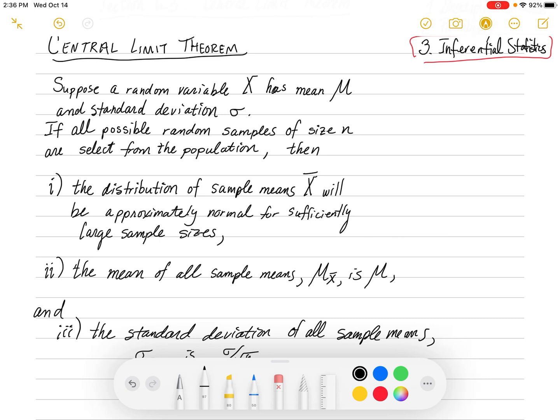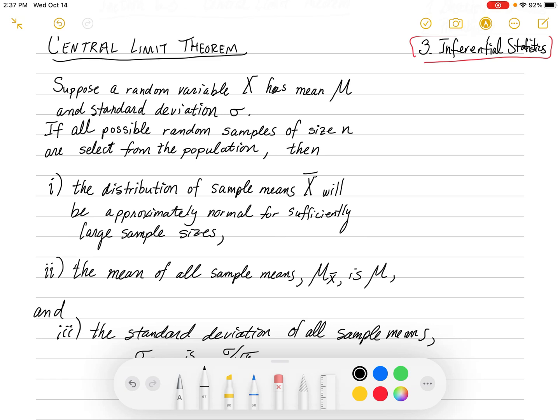If you put those sample means all in a distribution, that distribution of sample means, we call it a sampling distribution, is going to be approximately normal. The larger the n you get, the more normal it's going to look. So number one, the distribution of all the sample means will be approximately normal. That's the first big thing the central limit theorem says.